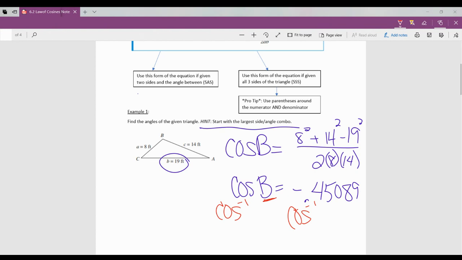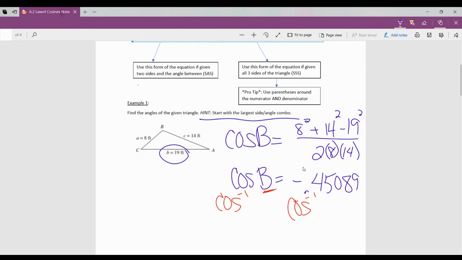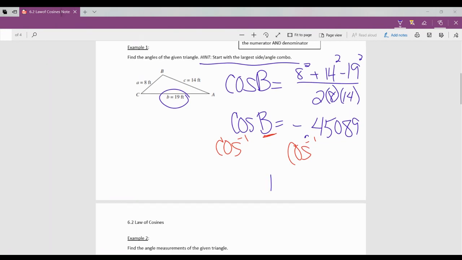So I do second cosine, then second answer, to get the most accurate result, and we're going to round to 1 decimal place. So angle B is equal to 116.8 degrees. Fantastic.